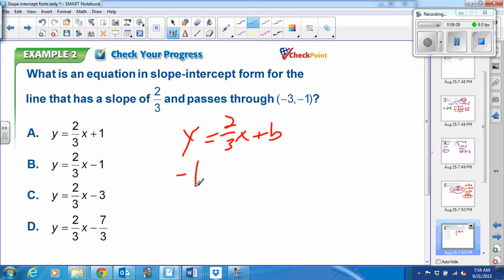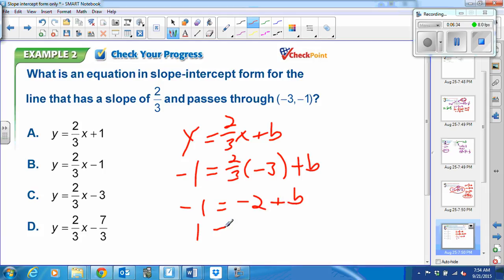So we have negative 1 equals 2/3 times negative 3 plus b. So negative 1 equals negative 2 plus b. So add 2 to both sides and we get 1 equals b. So y equals 2/3 x plus 1.